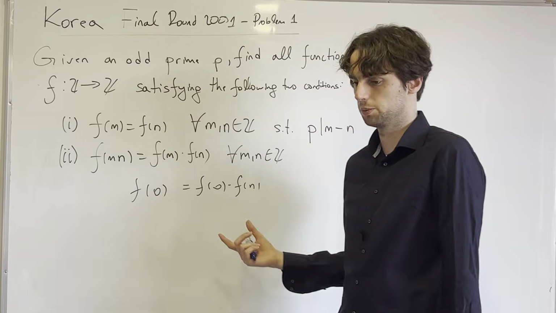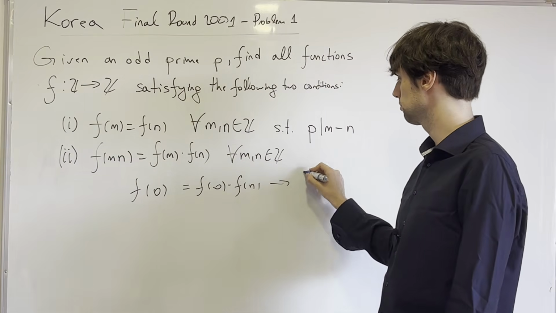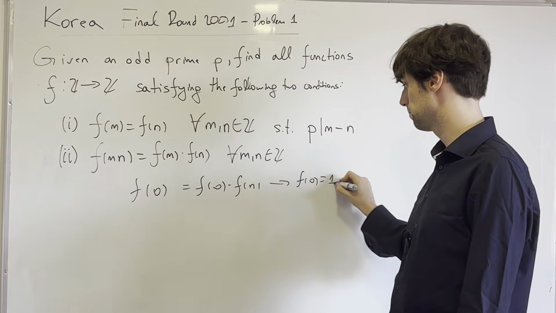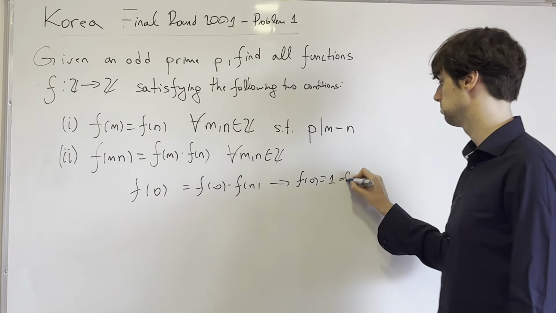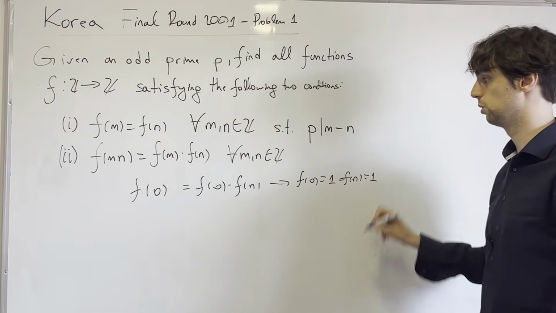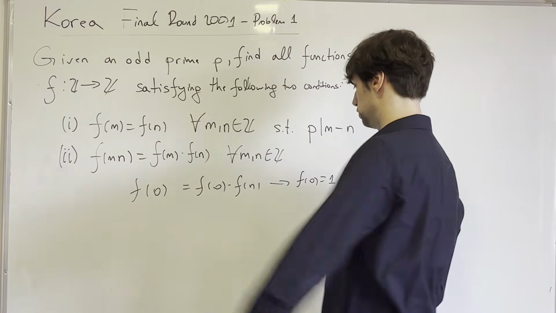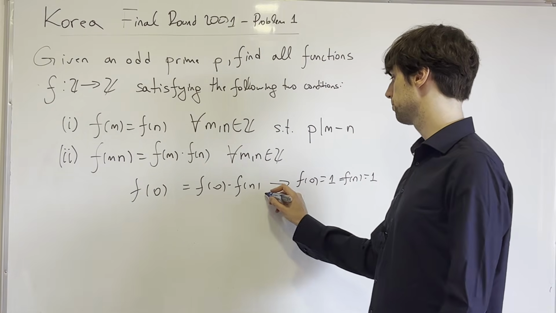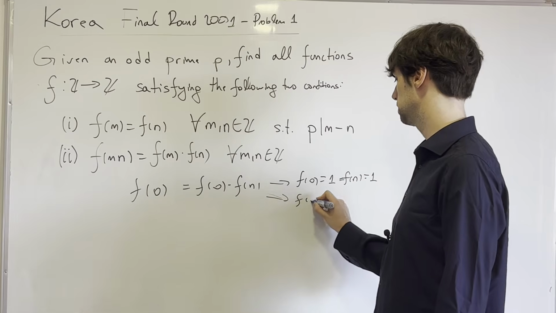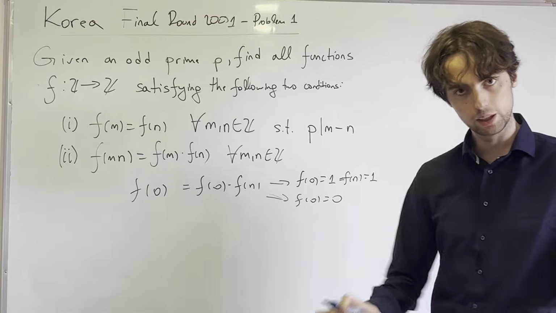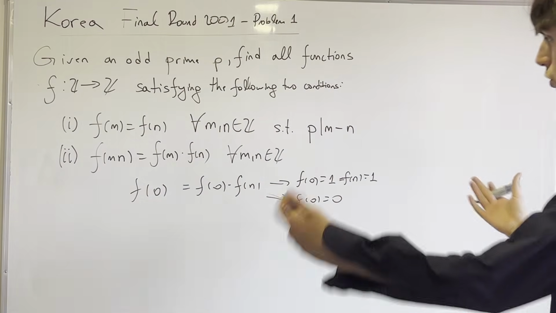Here you have a couple of options. Either f of 0 is equal to 1, in which case f of n is equal to 1 for every n. So f identically 1 satisfies the conditions of our problem, or f of 0 is equal to 0. And then we're going to find another type of function.